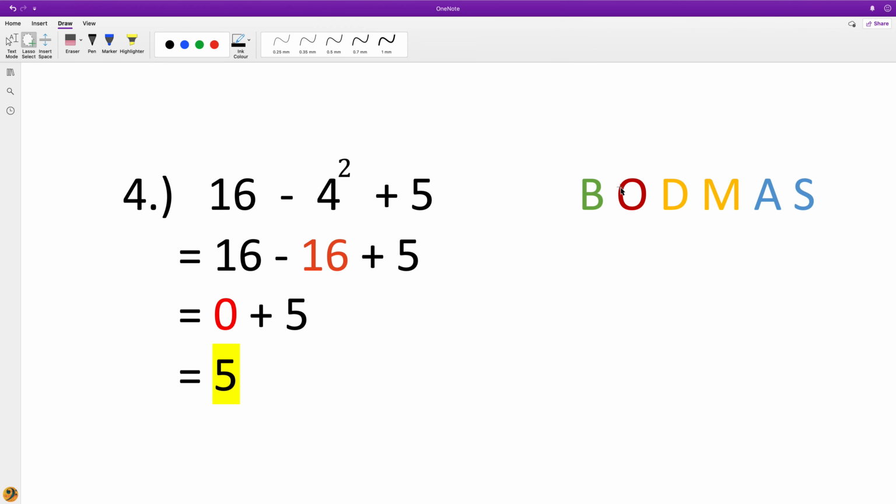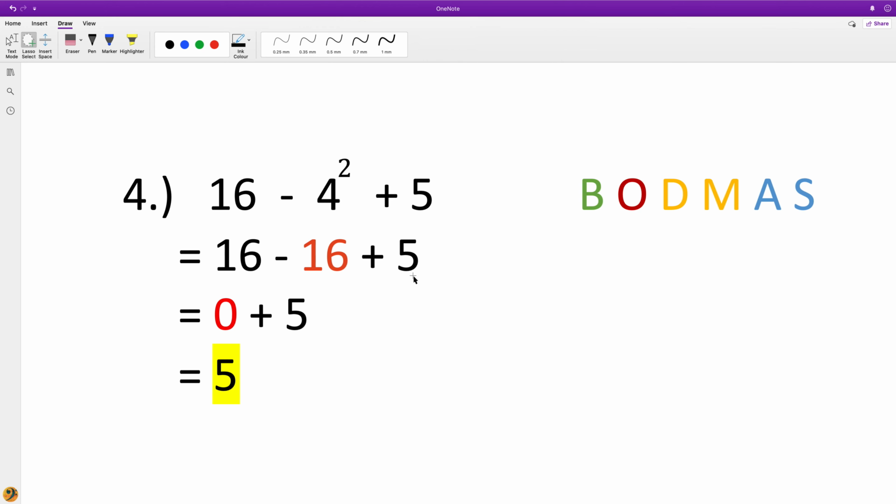We don't have brackets, but we have an order this time. This 4 squared is an example of an order, where we've got a square number. So that's what has to happen first. So our first line of working becomes 16 minus 16, which comes from there. And then we write out the rest of our operation plus 5.